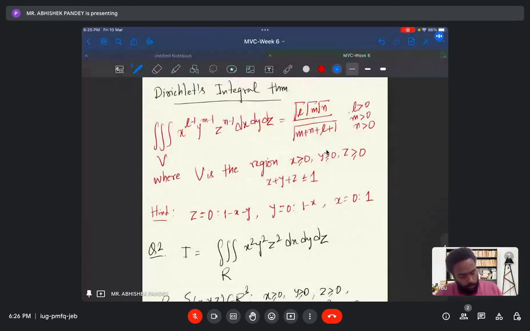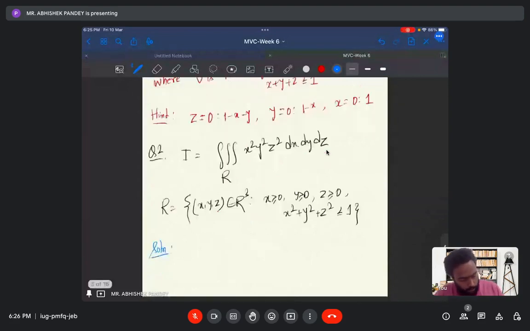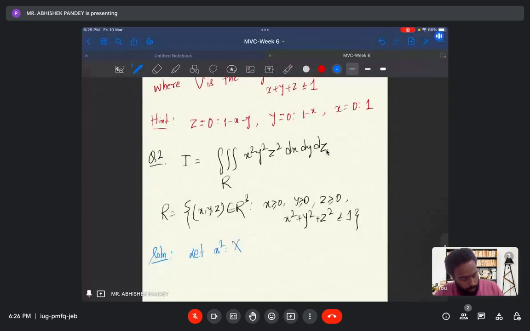So for this, what we will do is let x square equal capital X, y square equal capital Y, and z square equal capital Z. Now R will become (x, y, z) belonging to R3 such that X is non-negative, Y is non-negative, Z is non-negative, and X plus Y plus Z is less than or equal to 1.